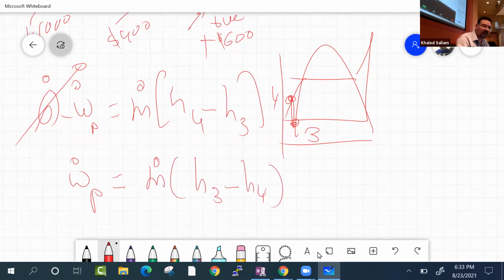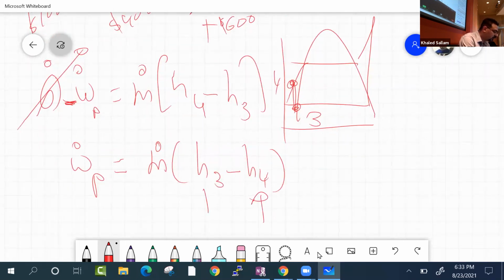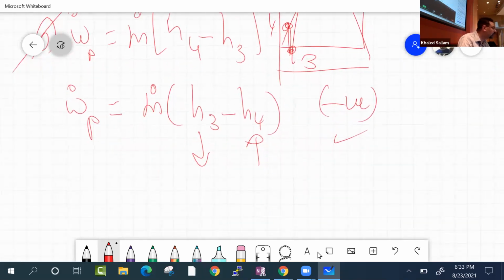Why did I flip the sign? Because of that minus. Which one is bigger? 4 is bigger than 3. So this will be negative. And that's okay for the first law. The work pump should be negative. Work pump is minus 40 kilowatt, or minus 1 megawatt or 2 megawatt. Okay? It's okay to be negative. That's exactly what the first law said.